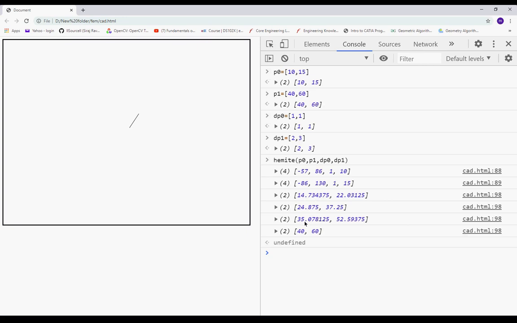So at least these values are correct. Now let me verify the values of y: 15, 22 point something, 37.25, 52.5 and 60. All these values are correct.